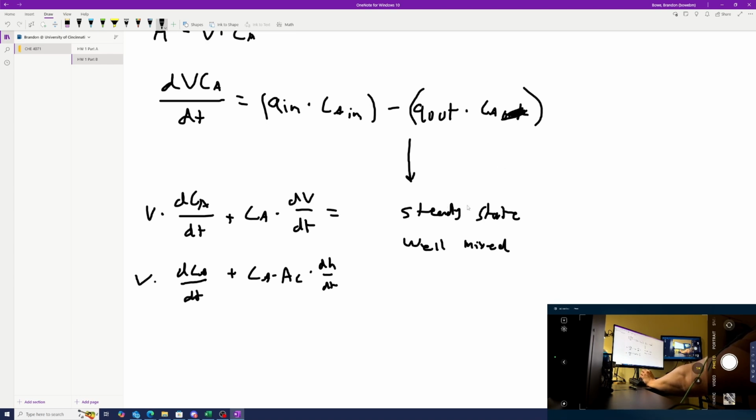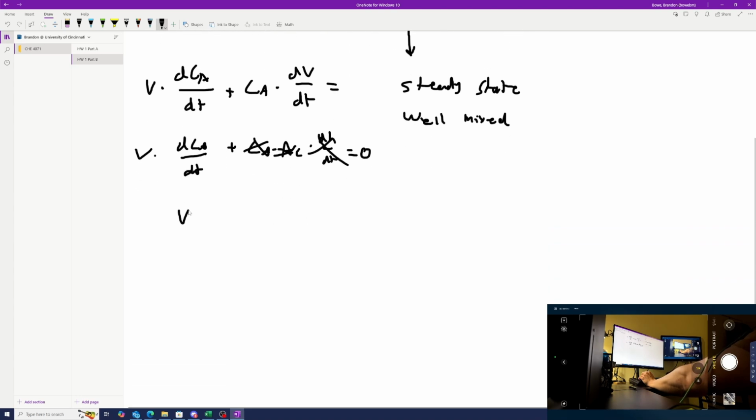And because we're at steady state, we know that Q in equals Q out, so these will both just be Q. And lastly, because we're at steady state, our dH dt is equal to 0. So all of this turns to 0, leaving us with just our volume times our dCA over dt equal to what we have up here. So we'll rewrite that.